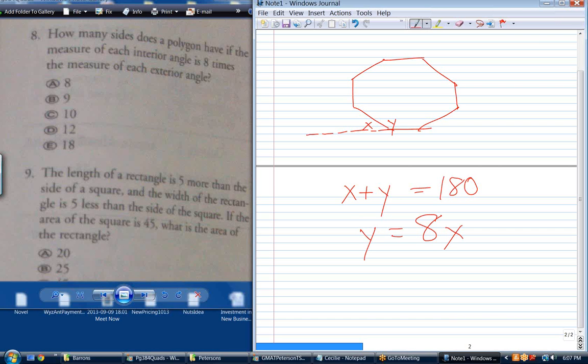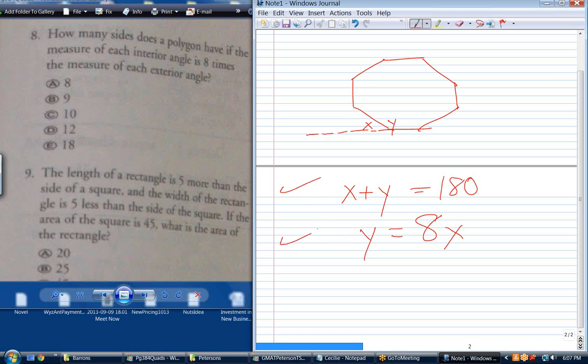You can't say 180 divided by 8? No, not at all, because it says that y is 8 times x. I just figured if you could find the number. Well, you need to be able to solve these two equations.